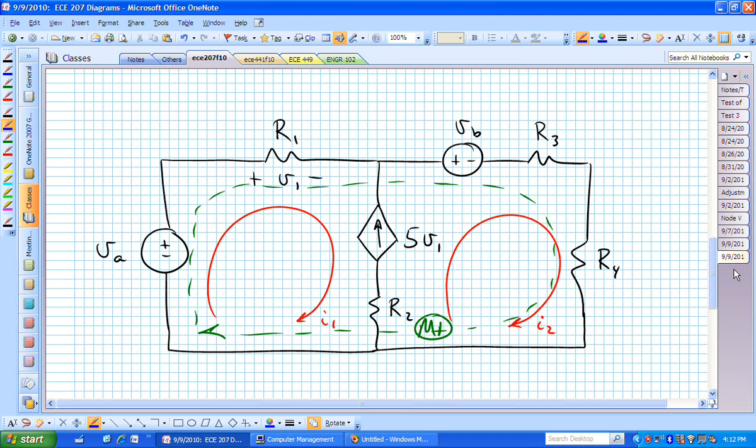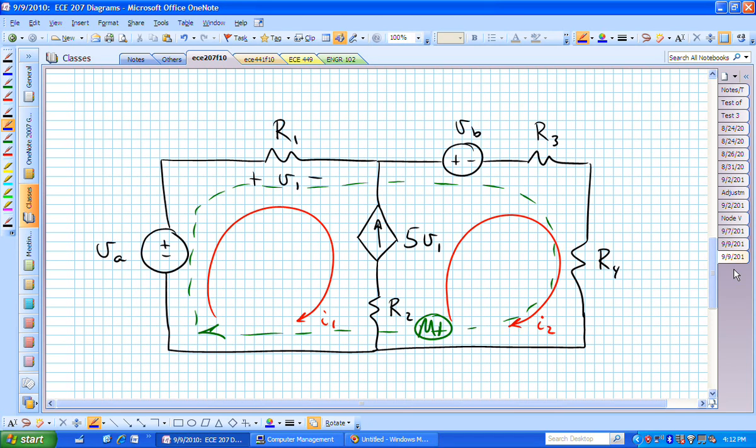We need to write it in terms of I sub 1, I sub 2, and our independent sources, maybe V sub A and V sub B. In this case, V sub 1 is what you just said. It's the voltage drop across R sub 1, and I can write that in terms of I sub 1 and I sub 2 without involving my sources.